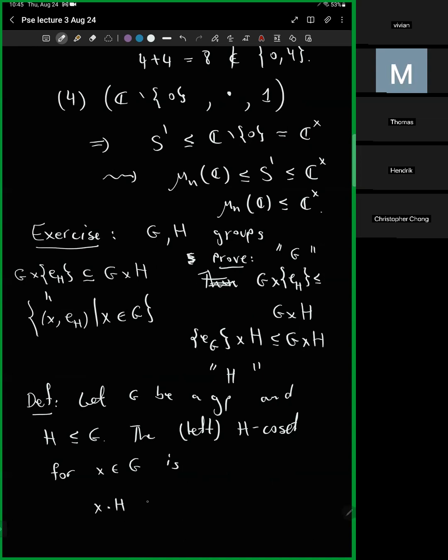This is the set of all products xh such that h is in H. So you see, I am using this binary operation of the group in an abused notation.